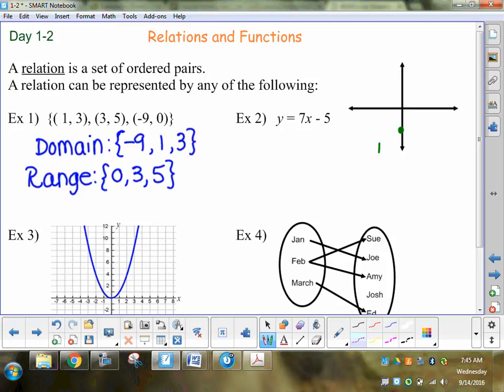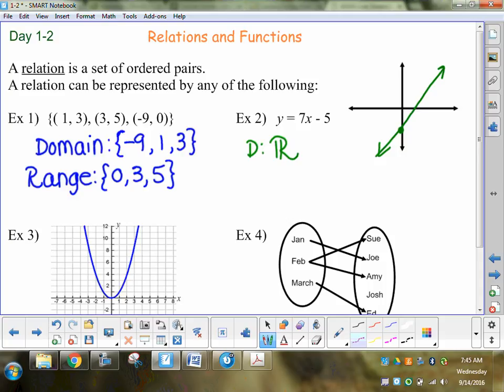Now, when we're graphing this out, here's a line. We're going to say that it has a slope of 7. The domain on this is going to be all real numbers because every input is used. Furthermore, the domain is the inputs, the x's. Every x gives you a y. Looking at the graph, all of the x's as I move left to right are used.